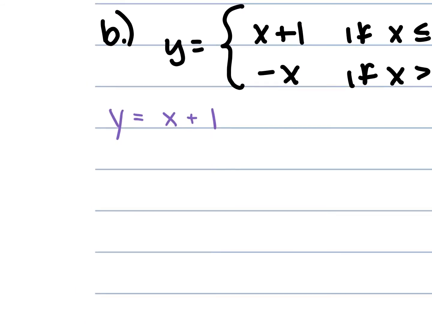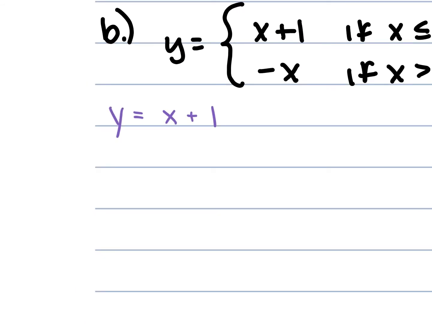So looking at our first graph, y is equal to x plus 1. What is my slope? 1 over 1, or just 1. 1 over 1 will help us when we graph it. What's my b? Positive 1, because it's a plus 1. So remember, y equals mx plus b.